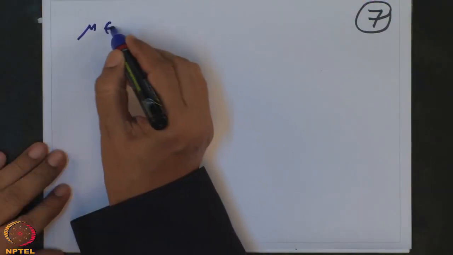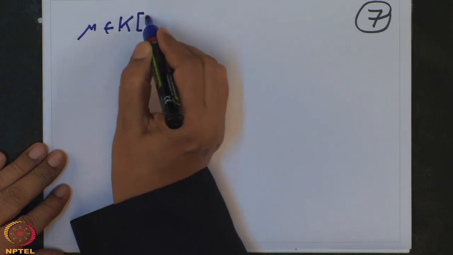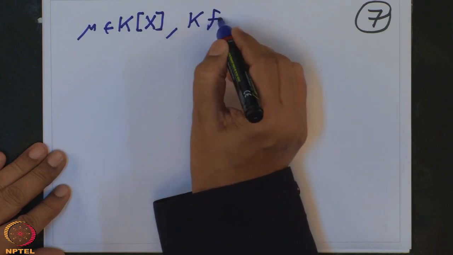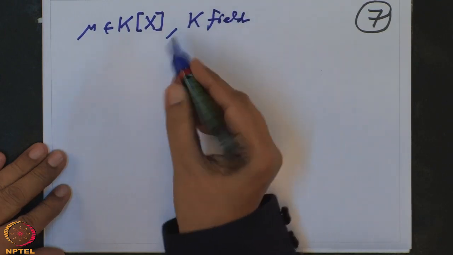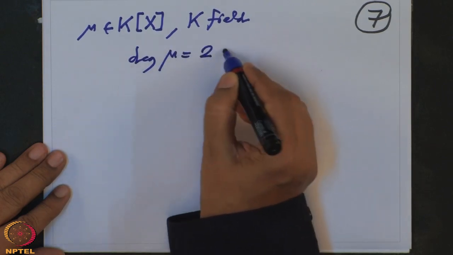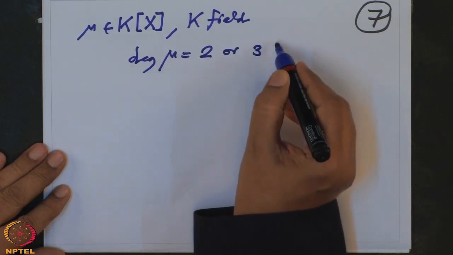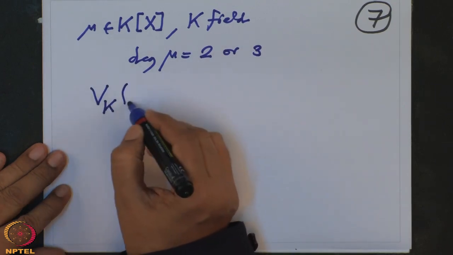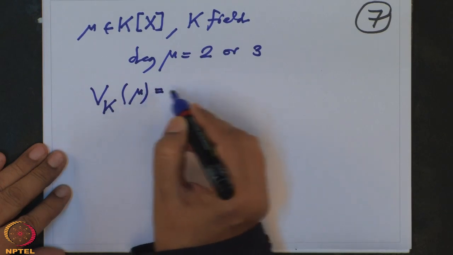Now, the next question is, if I have a polynomial mu with coefficients in the field K, and the degree of mu is 2 or 3, how do you decide this polynomial mu has no 0 inside K?